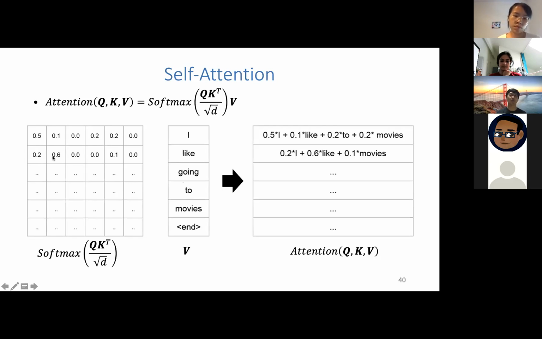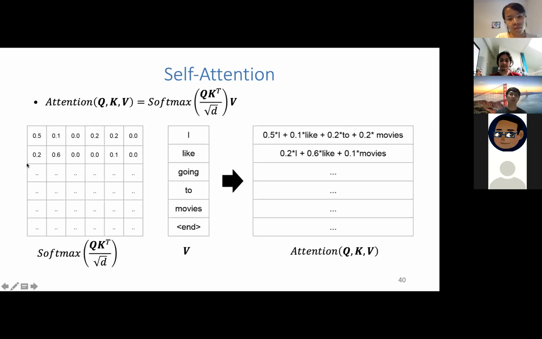And the second row is the attention from like, the second token. So like is giving attention to I, 20% of it, and 60% of the attention is given from like to itself. So there's another self loop, and so on and so forth. There are 6 rows because there should be 6 sets of attentions.